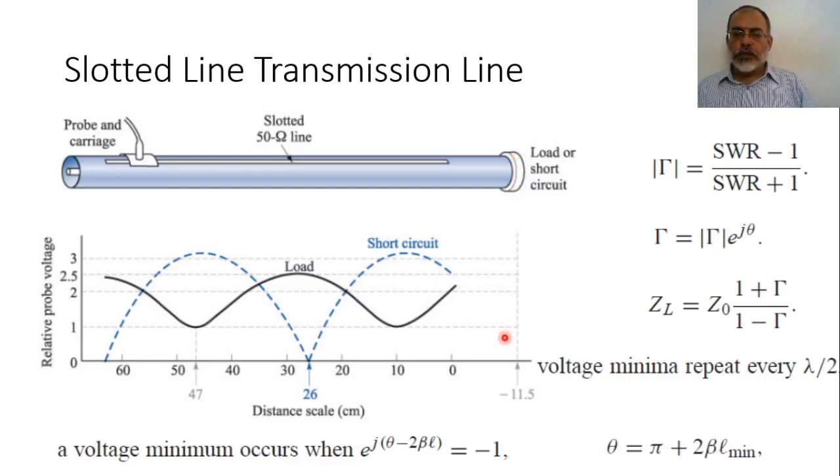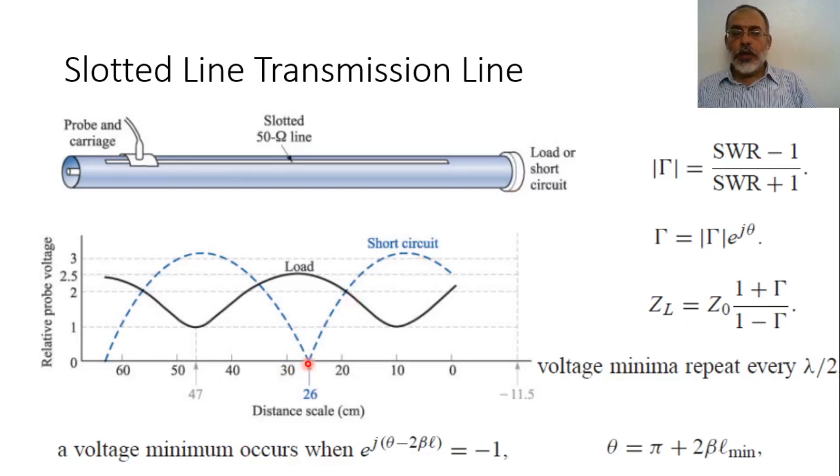As we have seen from the Smith chart, when we move lambda by 2, we return back to the same input impedance. So electrically, this point corresponds to the point of the load, or in other words, to the reference point or the terminal point of the transmission line. Okay?